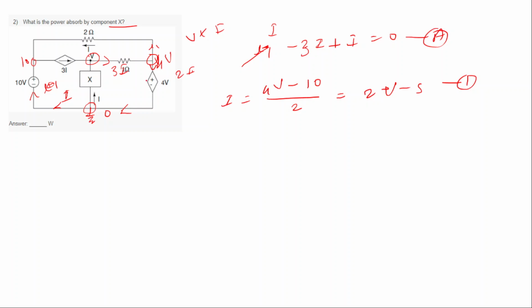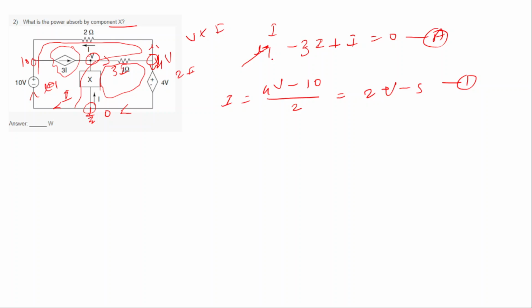Okay, so now let's apply, instead of node voltage, the mesh analysis, because that will be simpler in this case. As we know, in the direction of a current source we can't apply the node voltage. So with mesh analysis, we will go in this mesh first, and this mesh also we will apply.